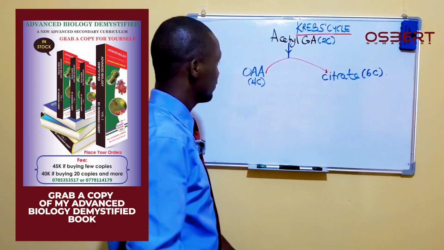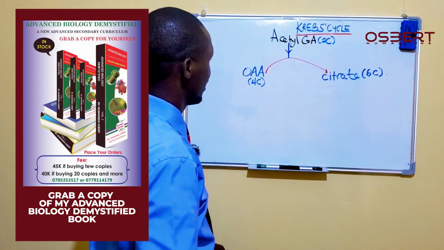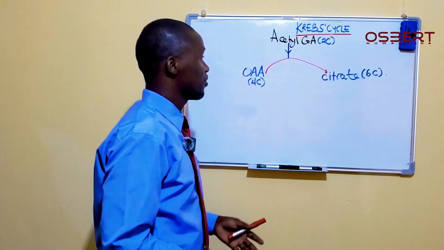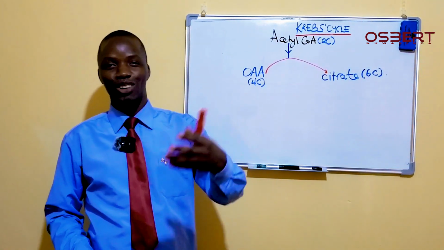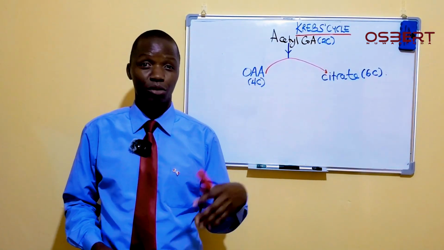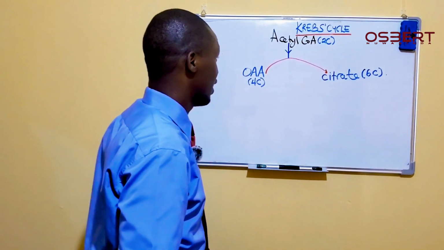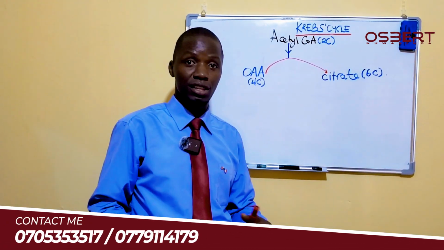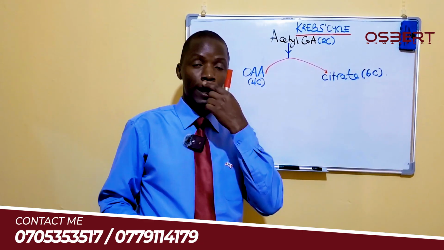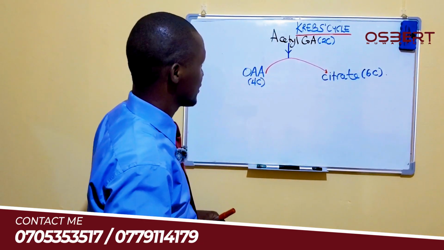However, this formula that I'm giving is just my own formula. You can also formulate yours. This formula is trying to give you the molecules which are involved within the Krebs cycle.